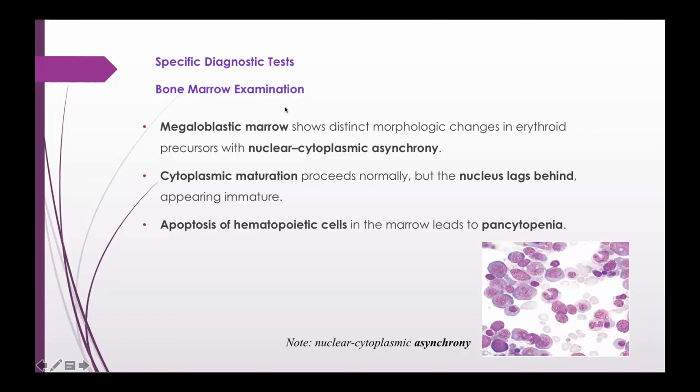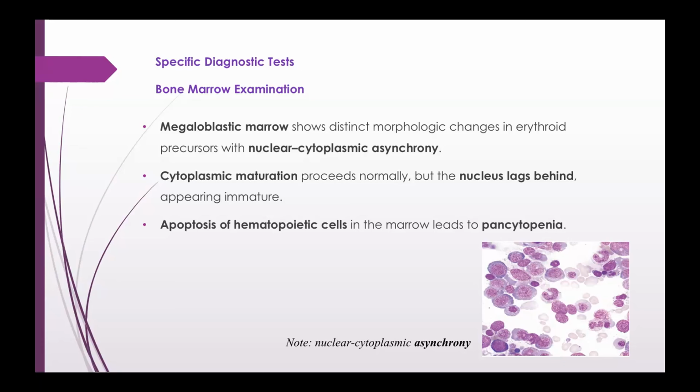We need bone marrow examination in megaloblastic anemia because of what I said at the beginning. Sometimes we can confuse megaloblastic anemia with myelodysplastic syndrome because of one important thing, which is known as nuclear cytoplasmic asynchrony. Because in megaloblastic anemia, we also have this asynchrony.